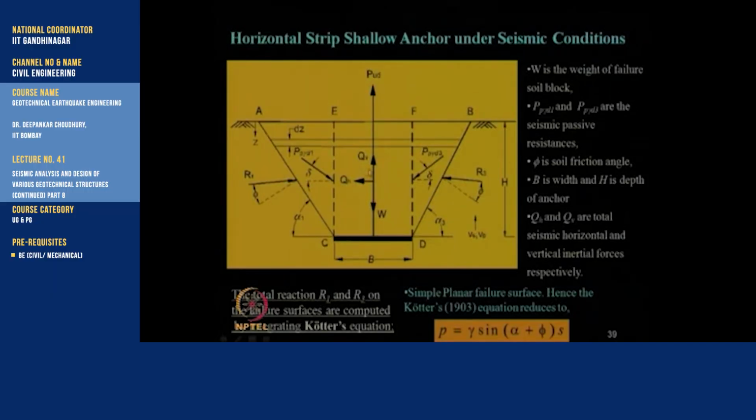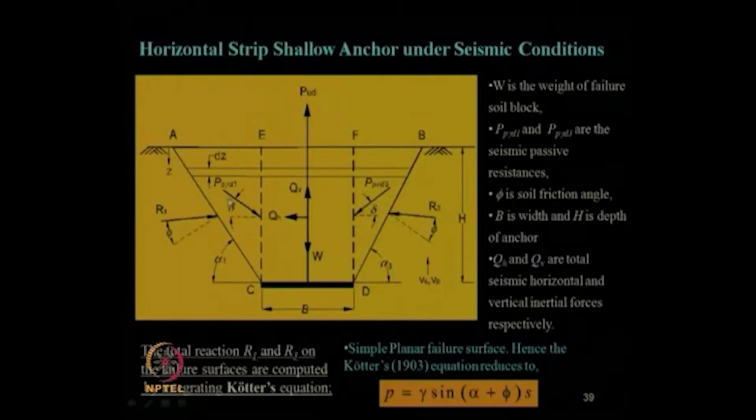These are the seismic inertia forces in the vertical and horizontal directions, and this is the weight of the central block ECDF. These are the imaginary retaining walls CE and DF, on which we consider the seismic passive earth pressure acting at an angle delta. That passive earth pressure has to be obtained for the failure zone DBF, and for the failure zone CEA, fine.